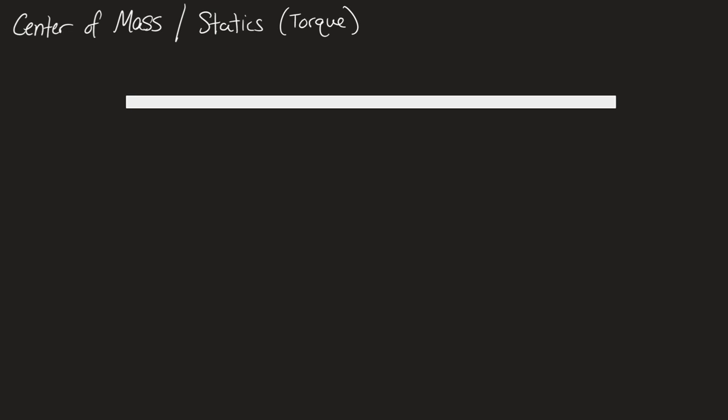So first, when we ask where is the center of mass, we need a point of reference to make that measurement. You have to pick some place that you're going to reference all of your measurements from. So I'm going to say the edge of the meter stick. Let's make that our point of reference. We'll start at 0.